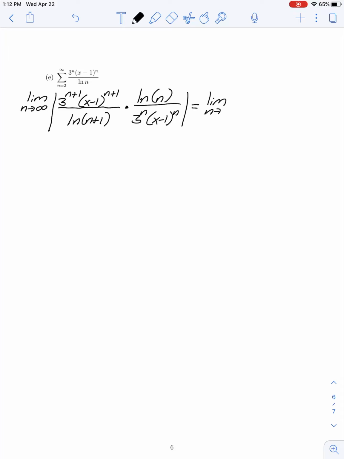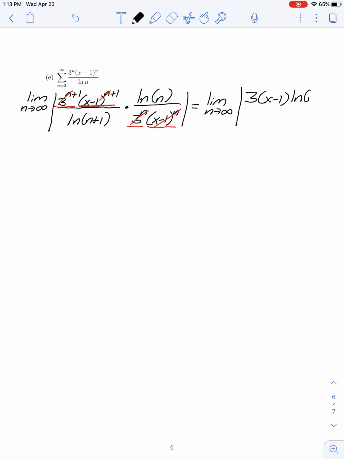So we have the limit as n approaches infinity of the absolute value of, well, let's see what we're left with. So here we have 3 to the n plus 1 divided by 3 to the nth. So canceling n factors of 3, we're left with 3 to the first in our numerator. We also have (x minus 1) to the n plus 1 over (x minus 1) to the nth. So canceling n factors, we are left with x minus 1 to the first in our numerator.